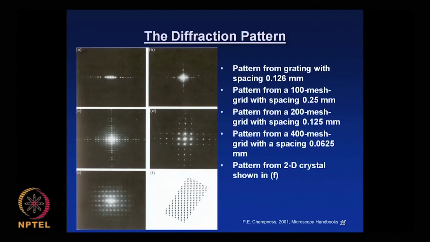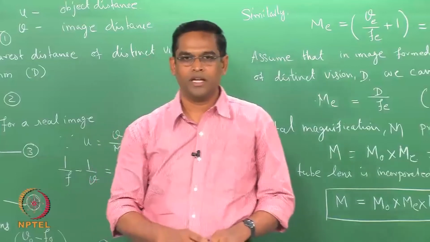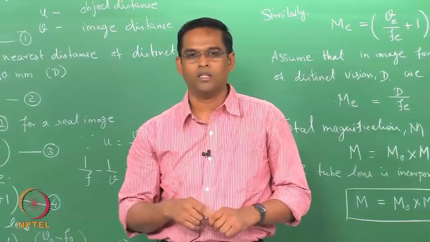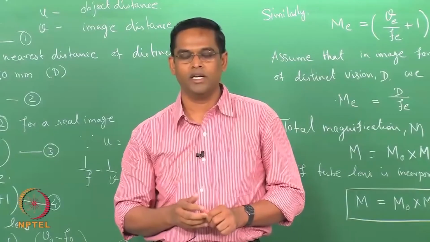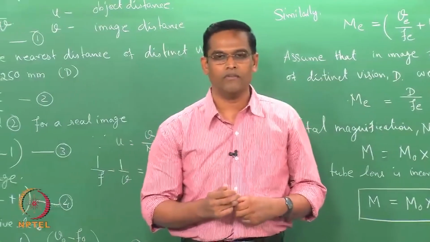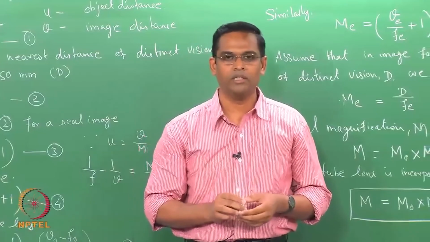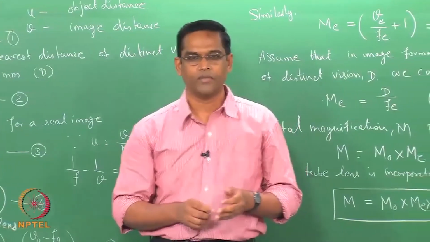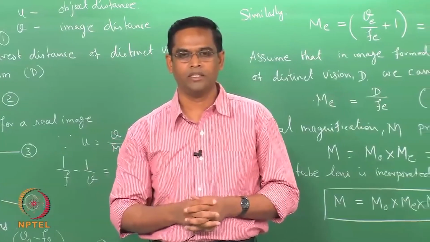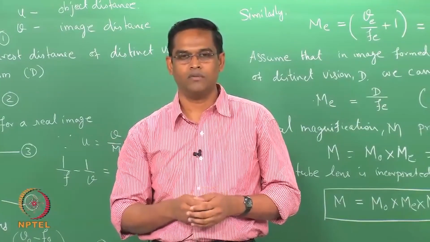So, we have just talked about the spacing. It is not just the spacing alone, but the orientation of the object as well. How is it understood from this pattern? Look at this diffraction pattern: why should it appear as a horizontal line, and why does it appear like a cross? This is again related to the object orientation. So, from the diffraction pattern you get two pieces of information, the spacing between the objects and the orientation of the objects.